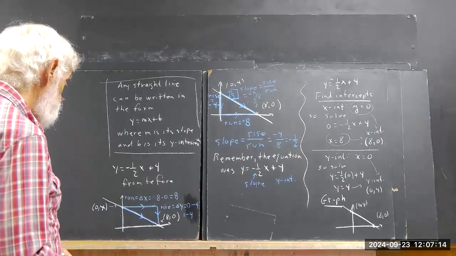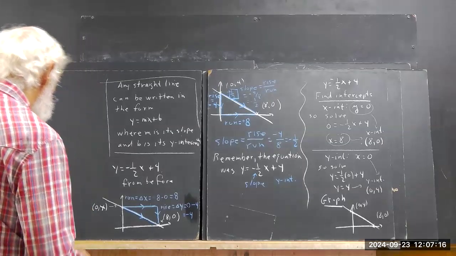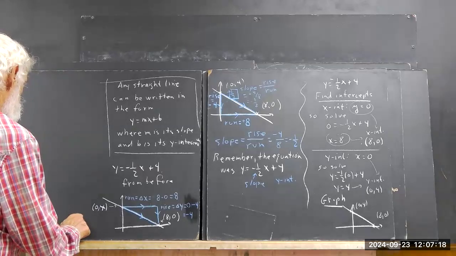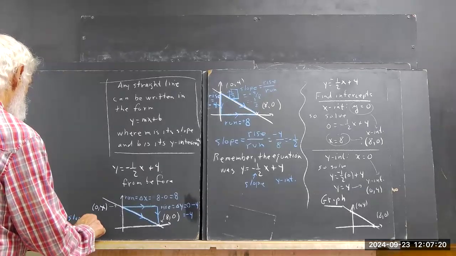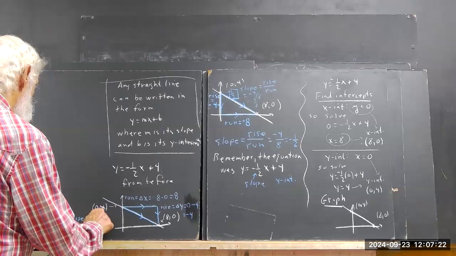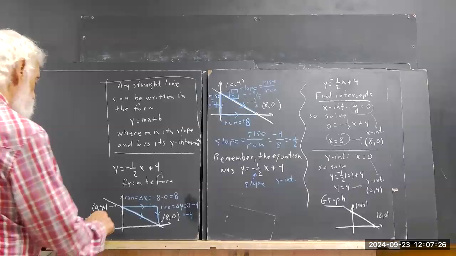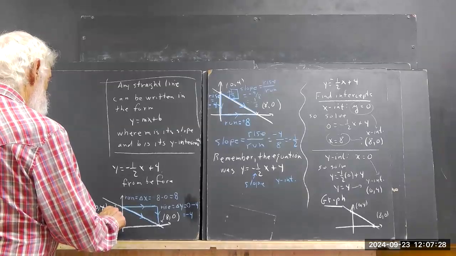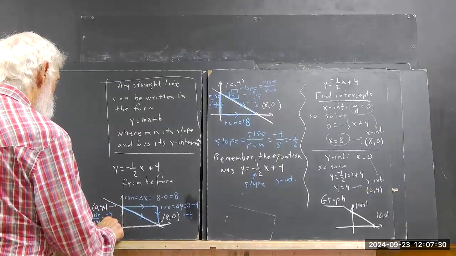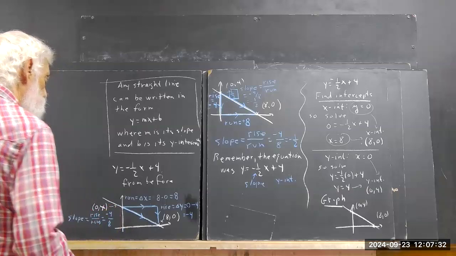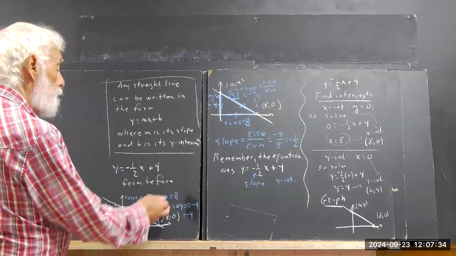Now, the slope is rise over run, which is negative 4 over 8. At least one of you went from here to here, but you hit all the arrows, right?